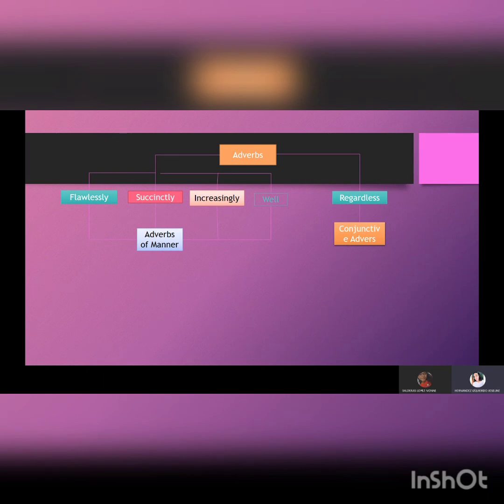Also, we can find regardless. Regardless is a conjunctive adverb. A conjunctive adverb is a type of adverb that joins independent sentences or clauses of any kind. This type of adverb is used to connect two parts into one sentence.